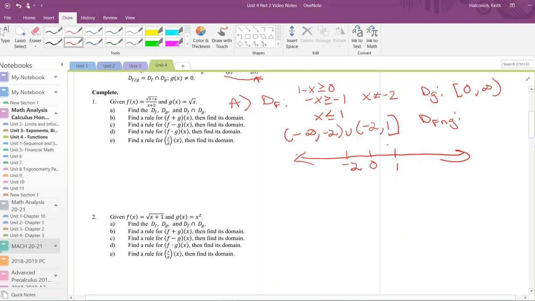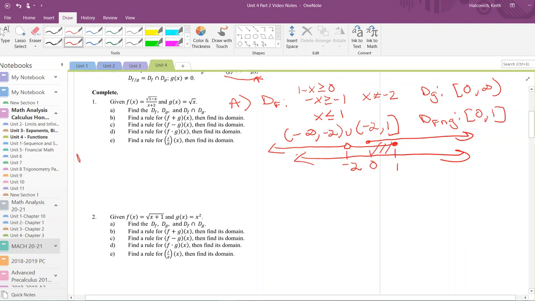So basically it goes from negative infinity to negative 2, and then from negative 2 to positive 1, and then the other one goes from 0 to infinity. So notice it overlaps right here between 0 and 1.